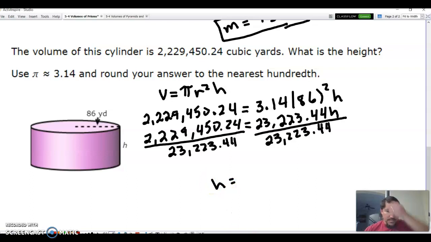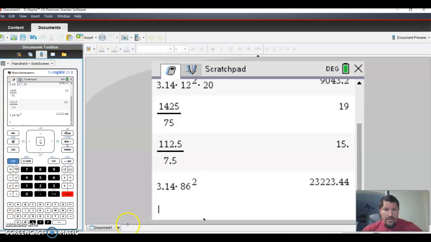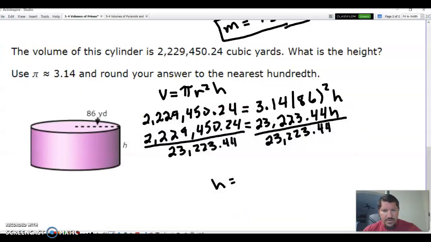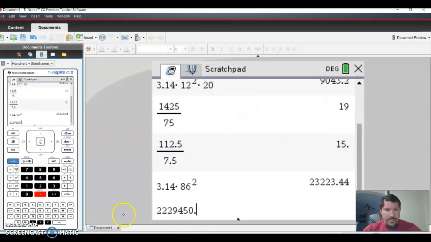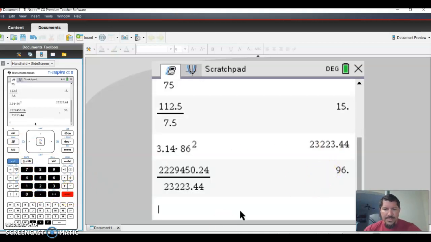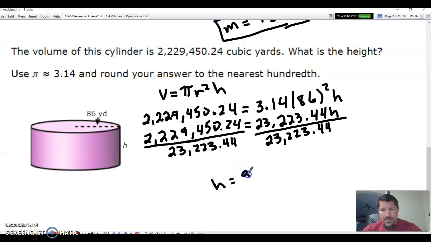And the answer it gives us will be h. So 2,229,450.24 divided by 23,223.44 gives me approximately 96. So 96 yards.